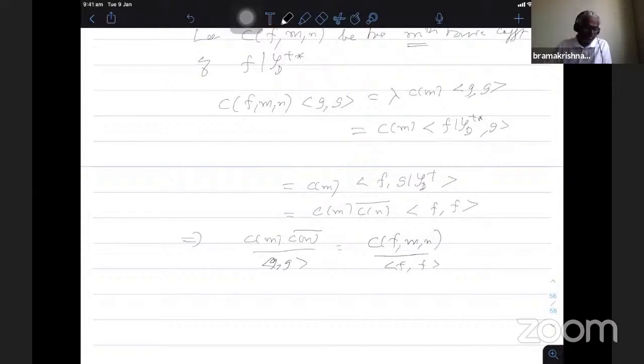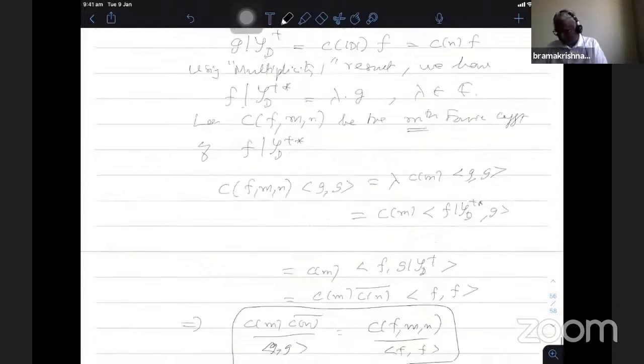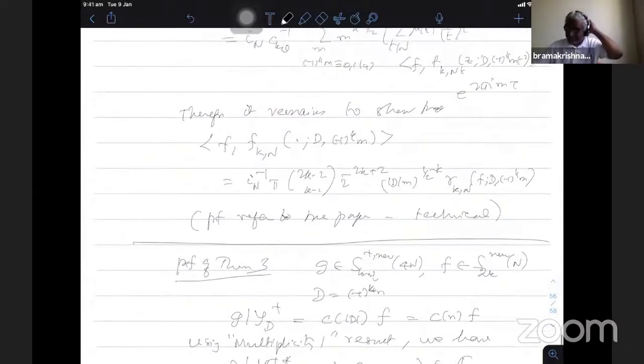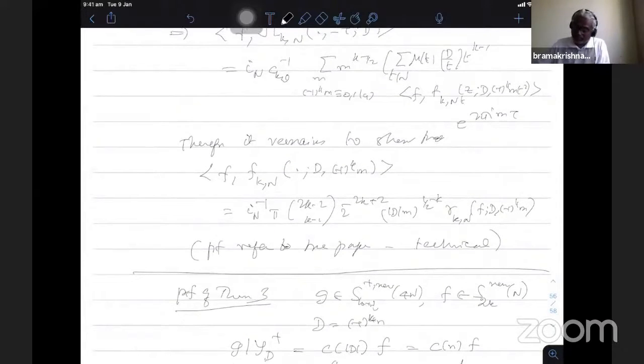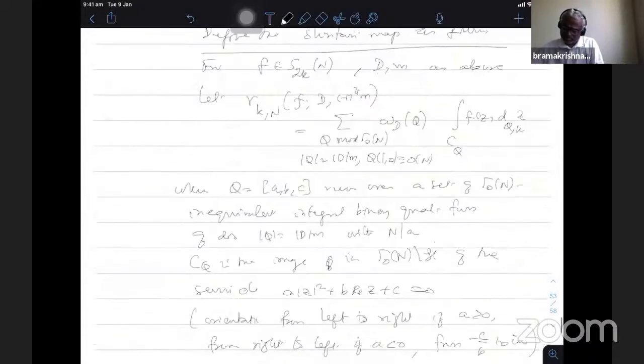Okay. Now this is one part, so just I use f is a new form. And therefore, when I do this kind of inner product with these functions, for all this, I go back to this definition, then only you will see that.